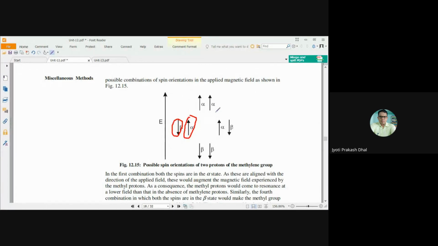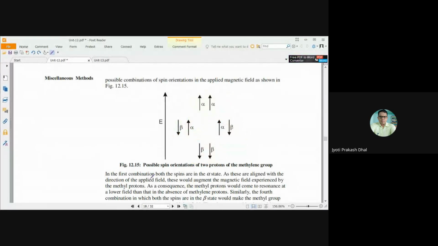In the second condition, if the two protons align with the magnetic field, the energy will increase, and if the two protons oppose the external magnetic field, then the energy will decrease. In the third condition, the first proton aligns with the external magnetic field and the second proton opposes it. So four combinations are possible.